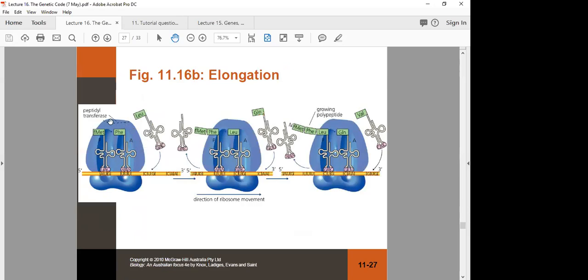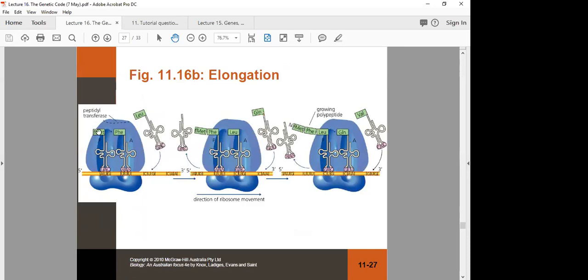It's actually, funnily enough, part of the ribosome. And this part of the ribosome acts as an enzyme. It's called peptidyl transferase. And it catalyzes the formation of a peptide bond between this methionine and phenylalanine amino acids.